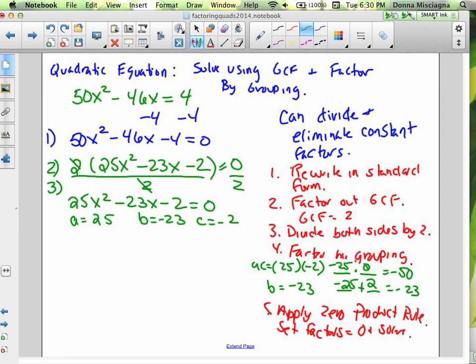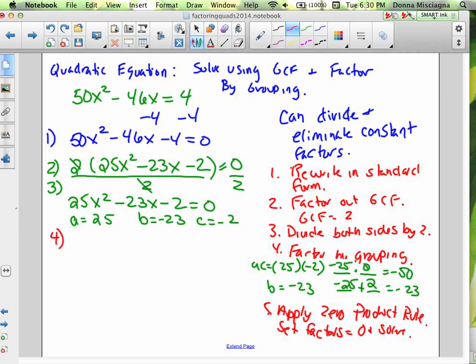All right, so we're going to replace that. We're going to keep the first term. Right now we're factoring by grouping, so let's change colors and make it color coordinated. Step 4, we're doing the factor by grouping.